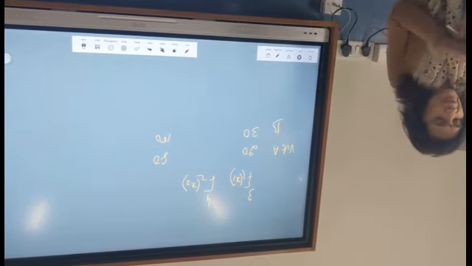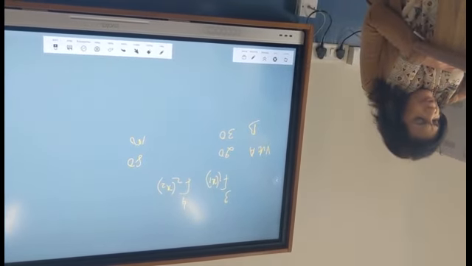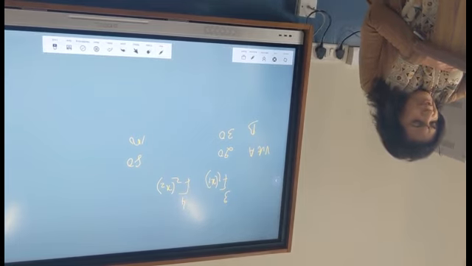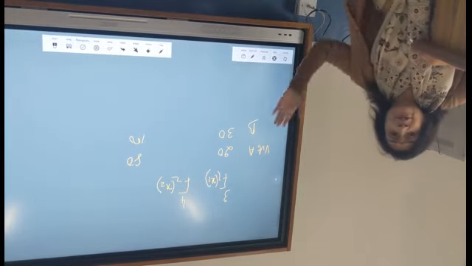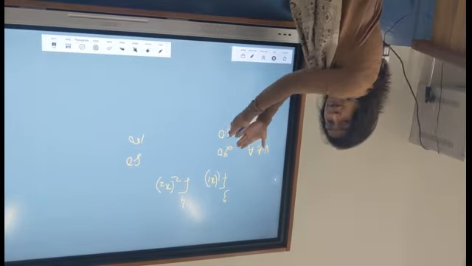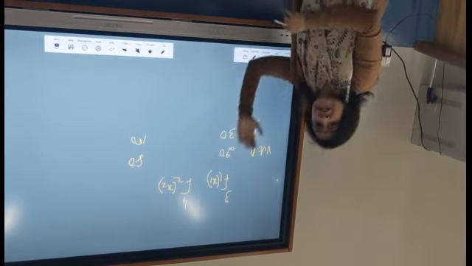Read the question. It says a unit of each food F1 and F2 costs rupees. First, 1 unit of food F1 contains 20 units of vitamin A and 30 units of vitamin B. So this food F1 contains 20 units of vitamin A and 30 units of vitamin B. Where is the problem?